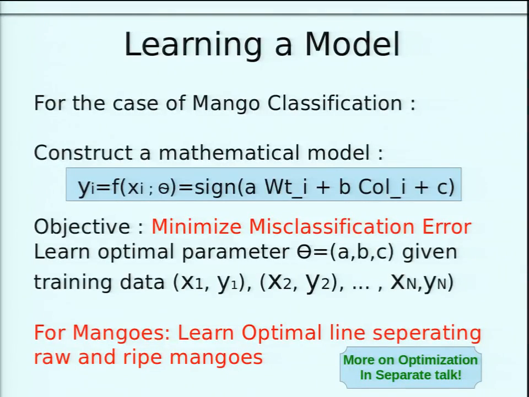And how to find an optimal separator between the two classes, you need to know something about optimization for that, and we have a talk on optimization. But I will not get into details of how we are going to do that, but I just want to give you an overview of a lot of things in machine learning in this particular talk. So I will not go too much into details of how something is done.